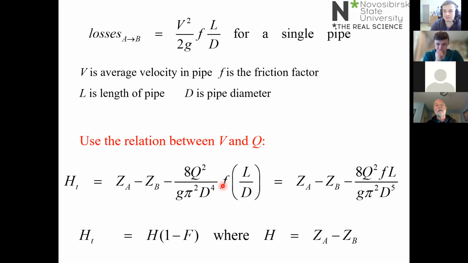And so basically we can get an expression for the available head, provided we know what the friction losses are. And if you look at a textbook on hydropower, there's probably a separate chapter in that book that talks about how you calculate those losses. In the old days, that meant having charts of friction factors where, depending on the appropriate parameters, you would be able to get the friction factor.